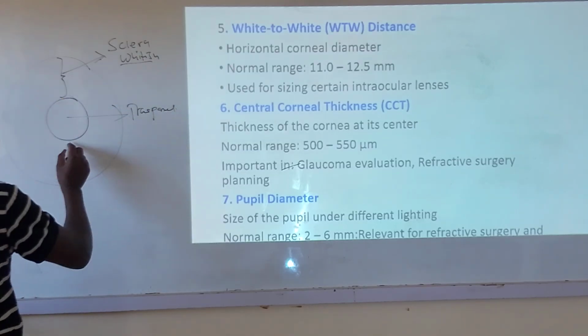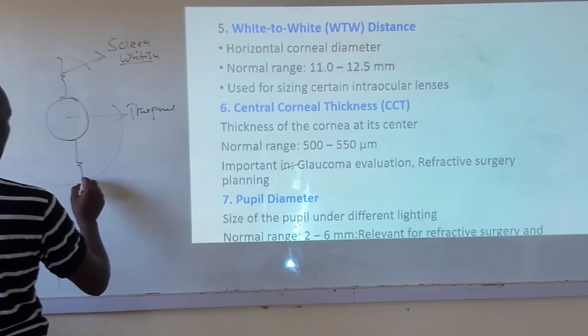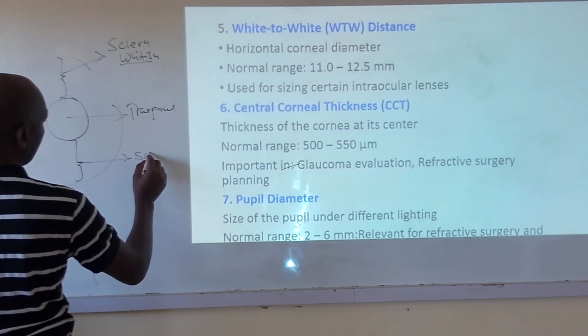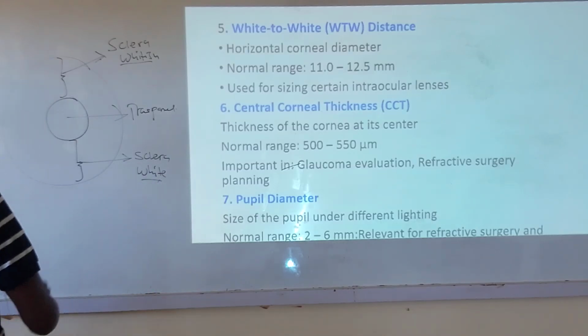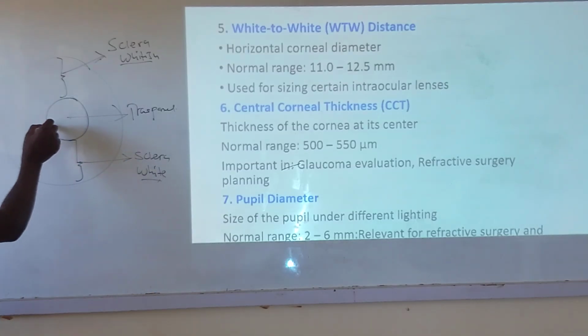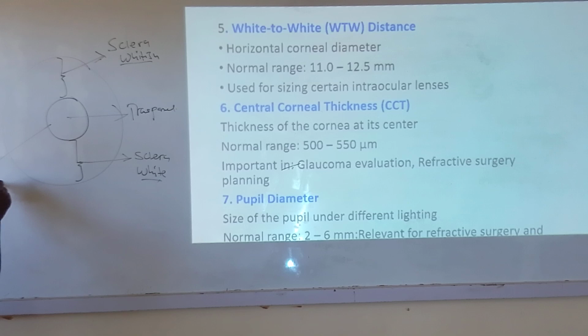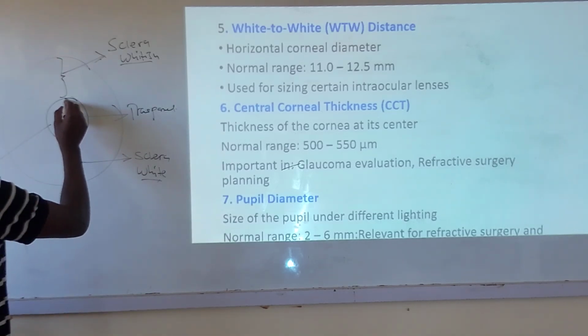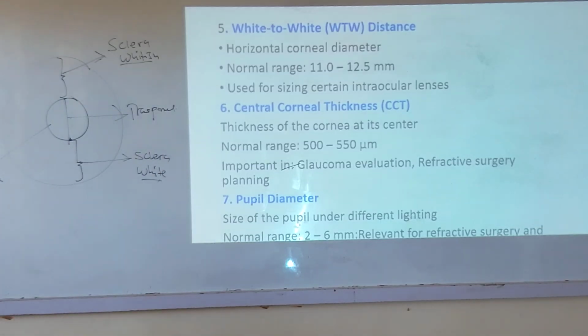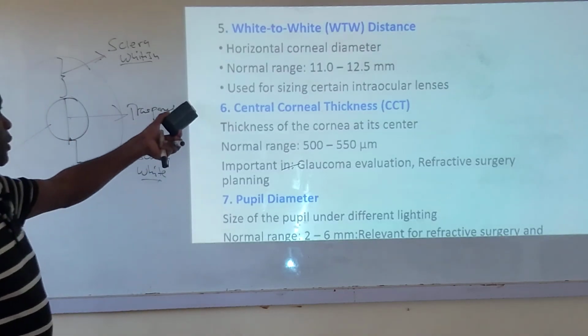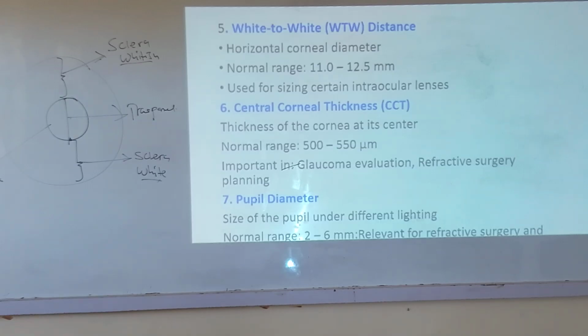This is also the sclera, which is also white in color. But remember the cornea, this one is the cornea, which is transparent. So when you measure from this point to this point, that is white to white distance. And the normal range is 11.0 to 12.5. It is used for sizing certain intraocular lens.